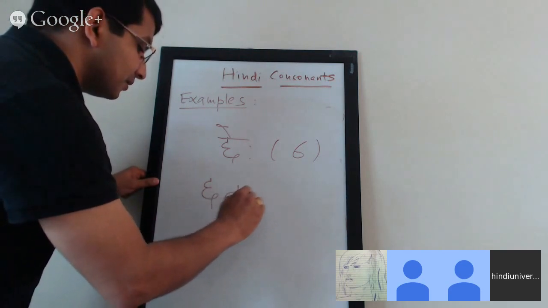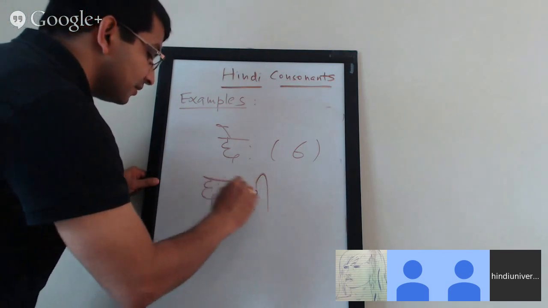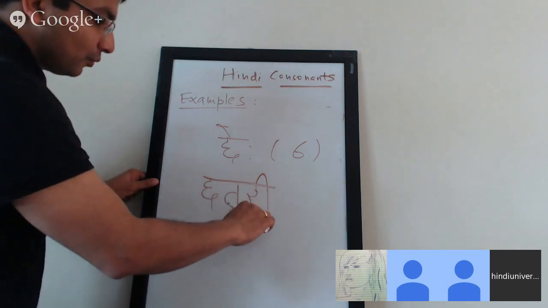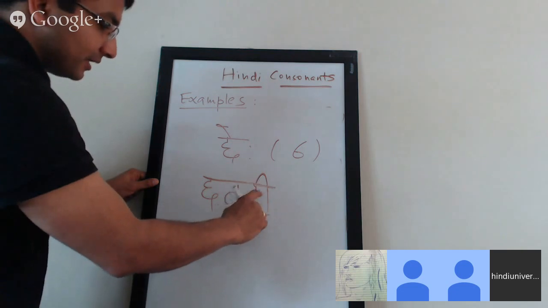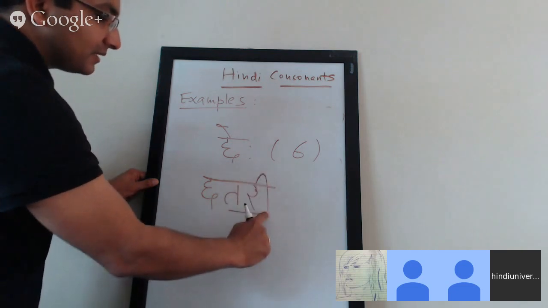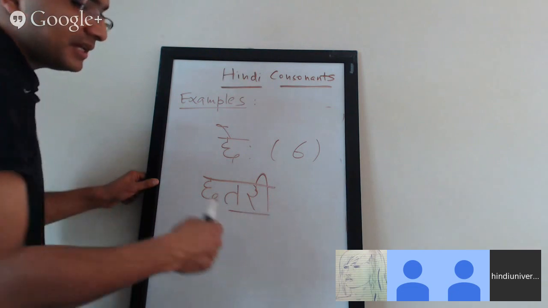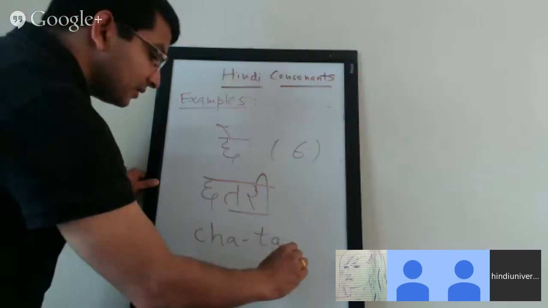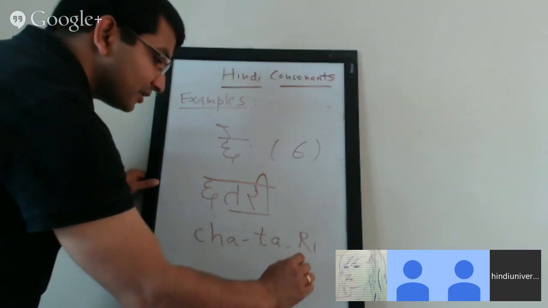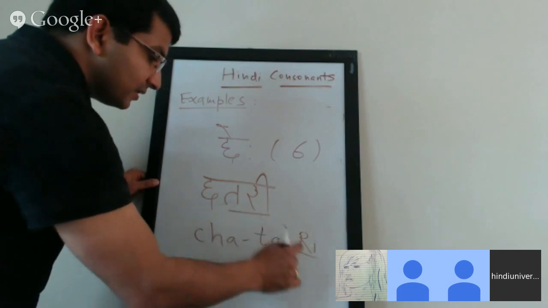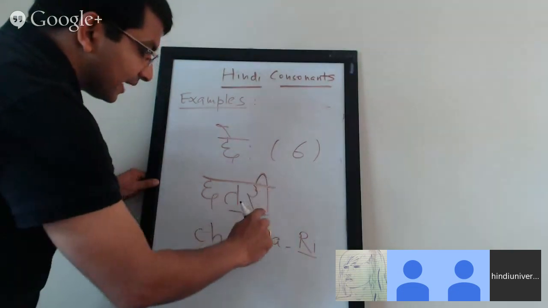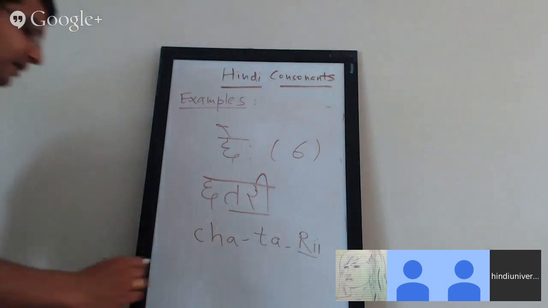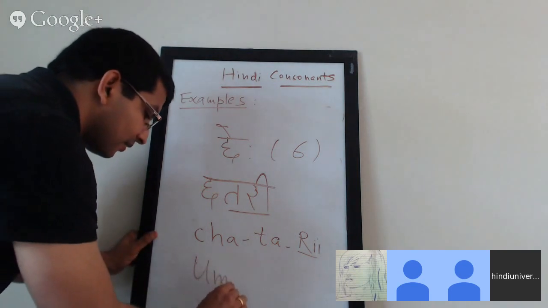Don't worry about the last consonant, but even though you don't know what it is as of now, you can still see that there's a waterfall on the right-hand side, so there is an e sound in it. So it's ch, definitely an e sound, chhatri. The base sound is r, but with the presence of this right-hand side waterfall, it's chhatri. And chhatri is nothing but umbrella.